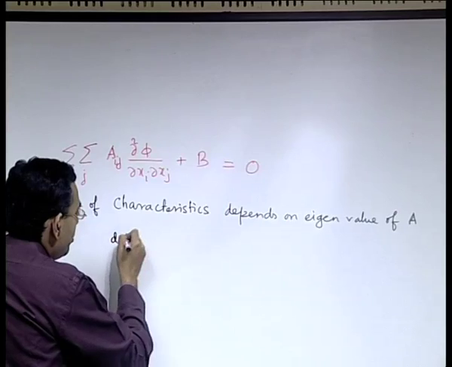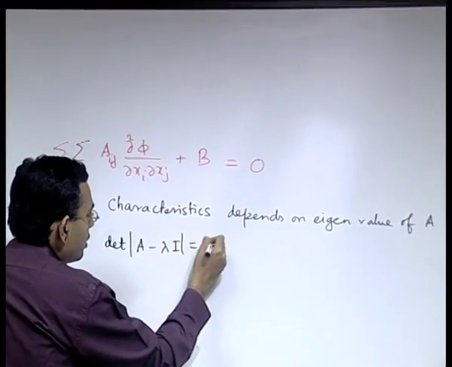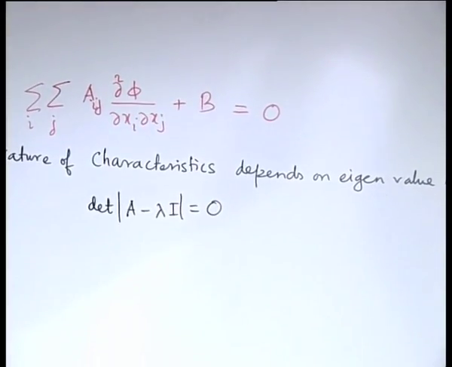You find the determinant of A minus lambda I equal to 0. That will give you the lambdas.